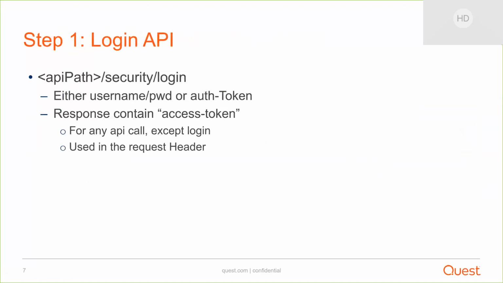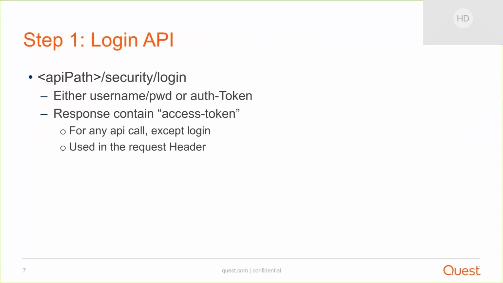You have a response, and the response of the login API will contain access token among other stuff. So you can take note of the access token then, and after that you can make any subsequent API calls for 30 minutes by default. And once you're up, and if you want to do more, then you go back to the login API, get the access token, and do your stuff again.